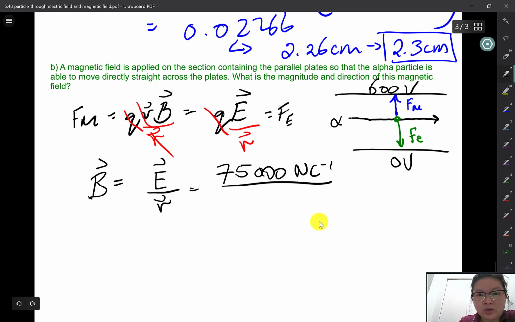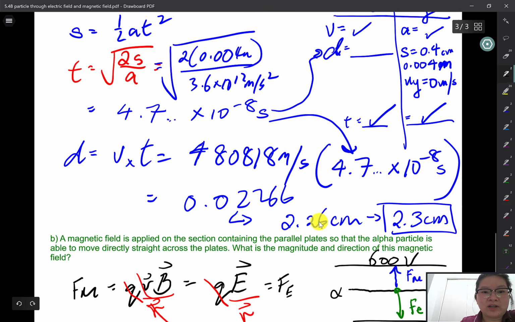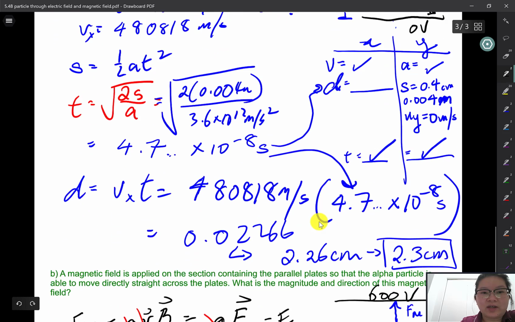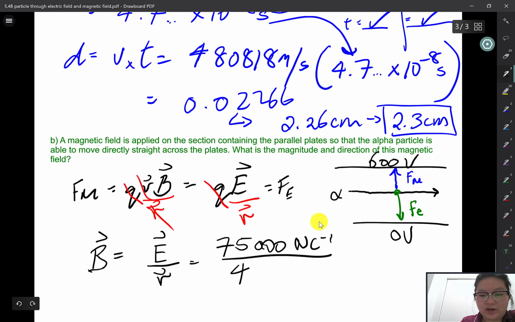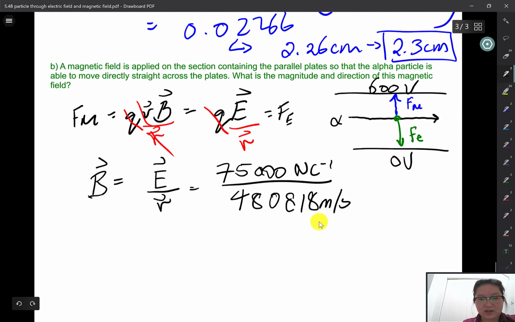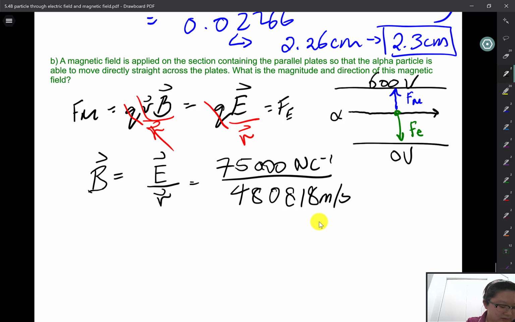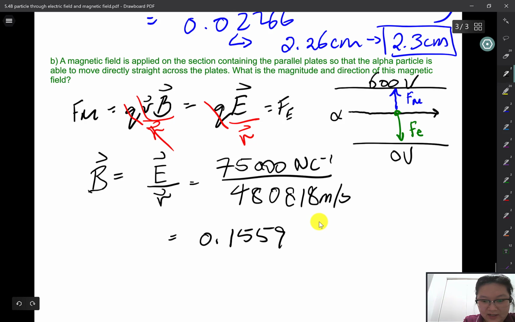And the speed we found earlier was 480,818 meters per second. So let's figure that out first. Okay, so I get 0.15598, so that's going to be equal to 0.16 Tesla.